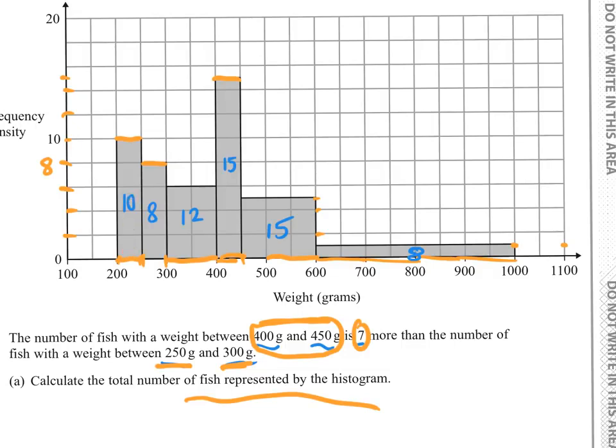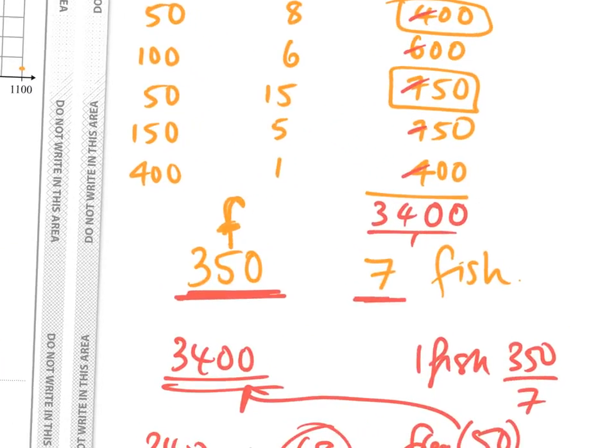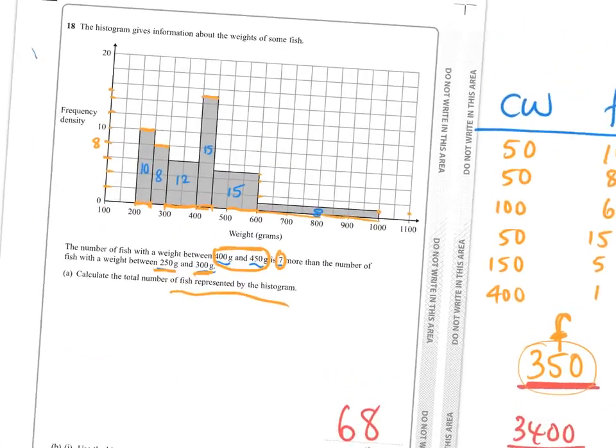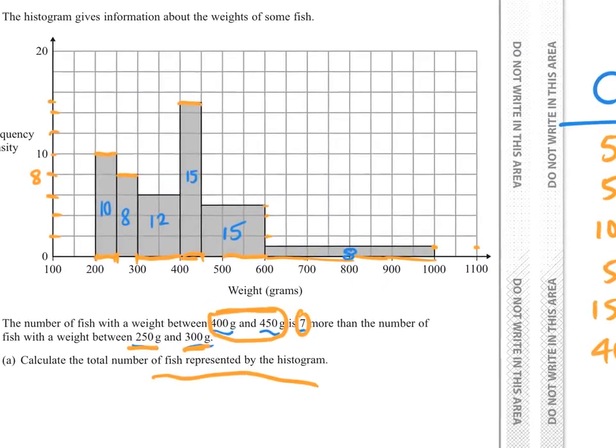So 2, 4, 6, 8, 10, 8, 12, 15, 15 and 8. Okay, and remember how we got that? Because we found out that difference was worth 7 in the question. So if 7 was 350, 1 fish was an area of 50 or a frequency of 50. Okay, so you've got to be really clear of what that means. So I've put in blue how many fish is represented here.